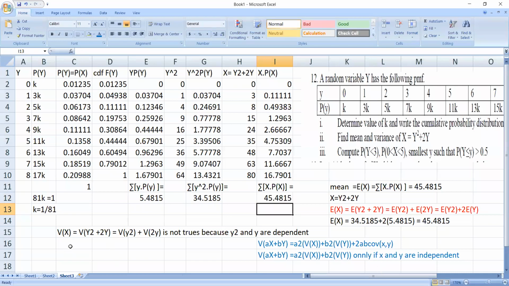Okay, so the mean of x is done. Now, if I use the formula for variance of x, the variance of x is equal to the expectation of x square minus the expectation of x whole square.